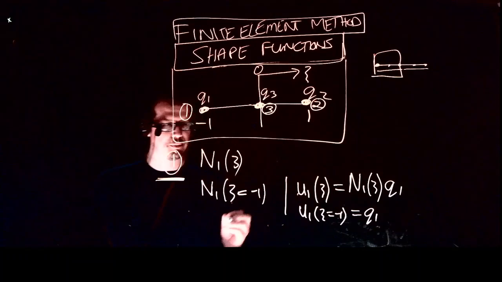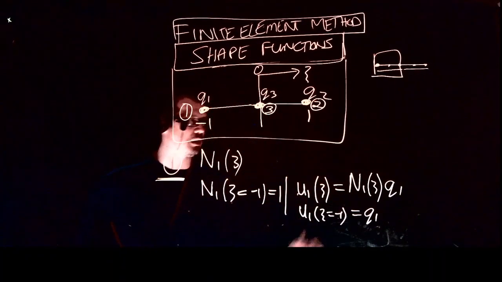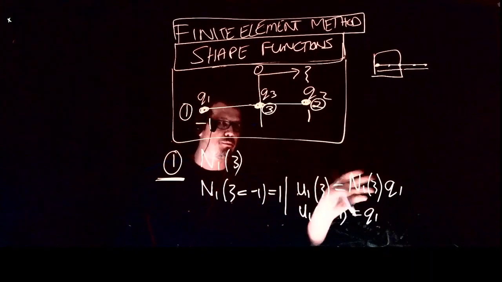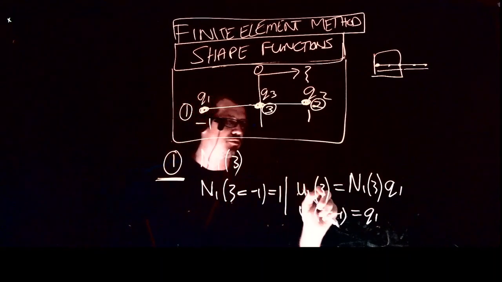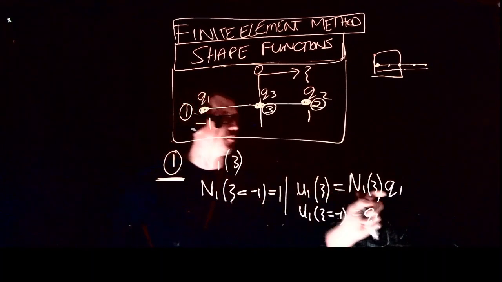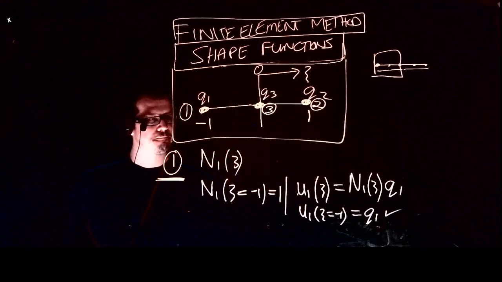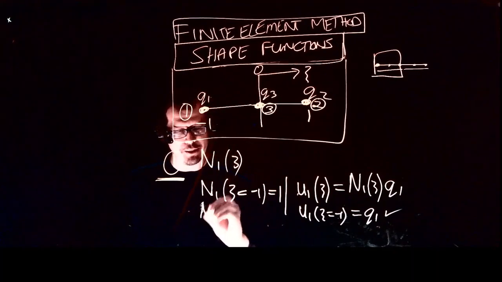That's the first property. Then I know it will have the property that this information of q1 is spatially carried over this domain. More importantly, if I evaluate the field at psi equals -1, I will recover just the value of q1. Now this has physical meaning. Beautiful.